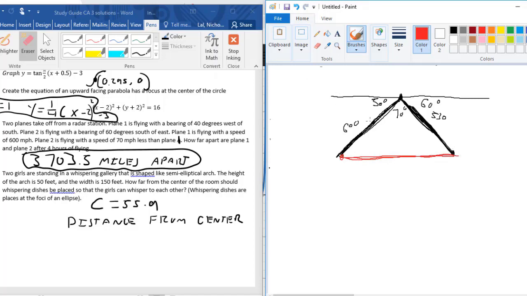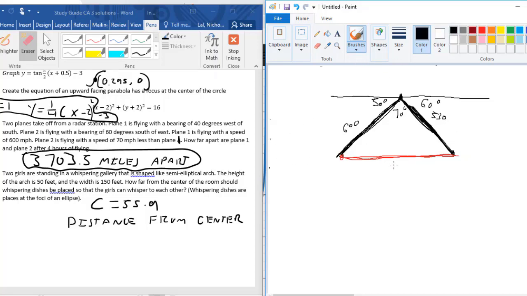The way I found these angle values is that I could draw a line straight down the middle of this triangle and find the missing values. If this is 40 degrees to the south and this is 30 degrees to the north. So now I can use the law of cosines.